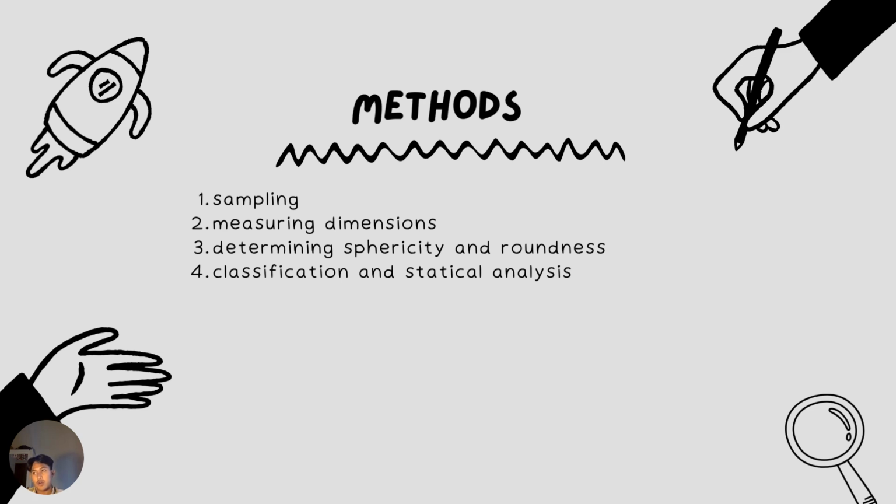And I think it's also important for geologists, because it's a very easy way to know about the transport from upstream to downstream. For this reason, pebble shape analysis is often combined with other methods such as grain size analysis or petrographic studies to produce more reliable interpretation.